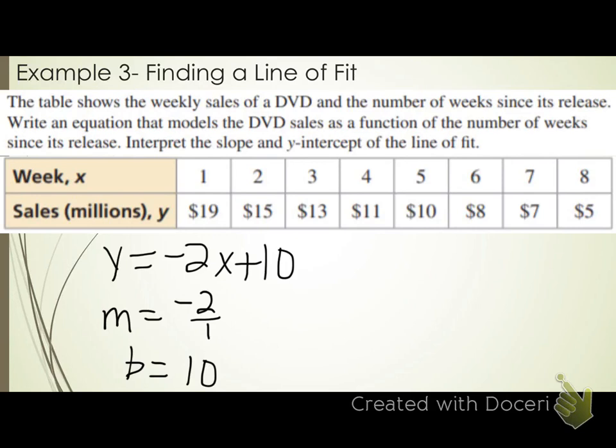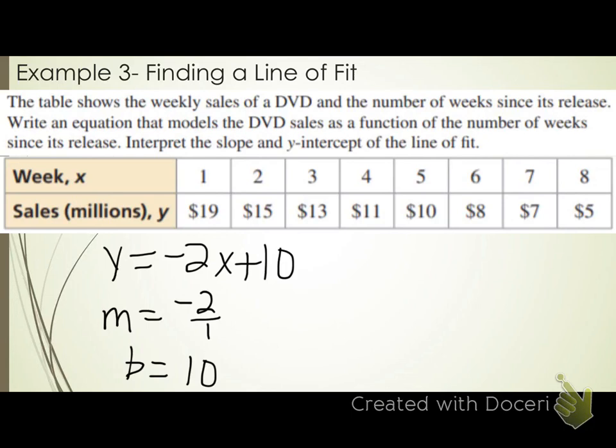Every single time they lose about $2 million. Kind of. I mean, it's negative, so something's going down, right? And then per 1 week, right? So we could say something along the lines of the sales decreased by approximately $2 million per week.